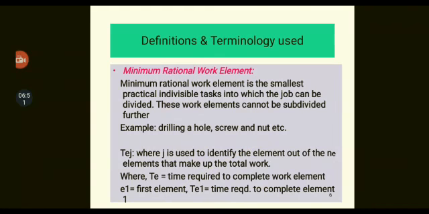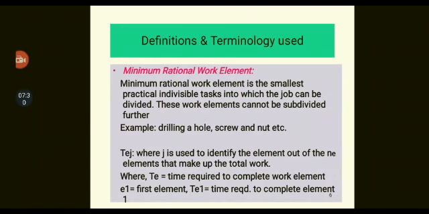Coming to the terminologies in line balancing, the definitions and terminologies used in line balancing. First one, minimum rational work element. The minimum rational work element is the smallest indivisible task into which the job can be divided. These work elements cannot be subdivided further.